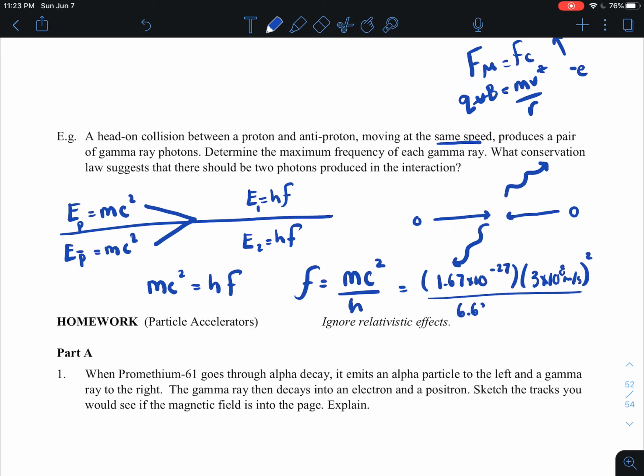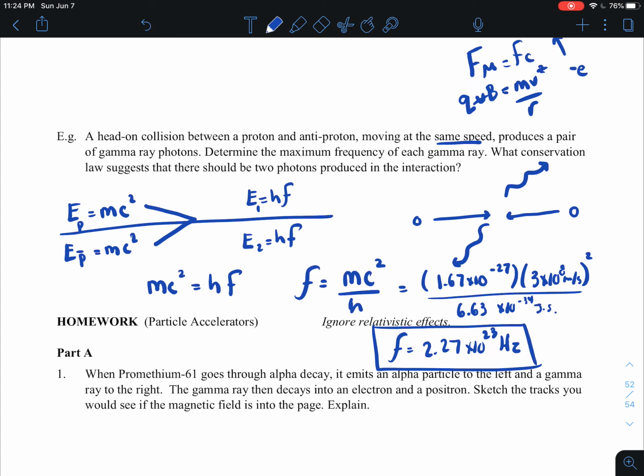And we're going to use 6.63 times 10 to the negative 34 joule seconds to solve this one through. 1.67 times 10 to the negative 27 times 3 times 10 to the 8 squared, divided by Planck's constant, 6.63 times 10 to the negative 34, gives me a frequency of 2.27 times 10 to the 23 hertz.